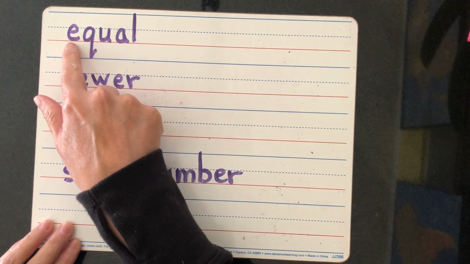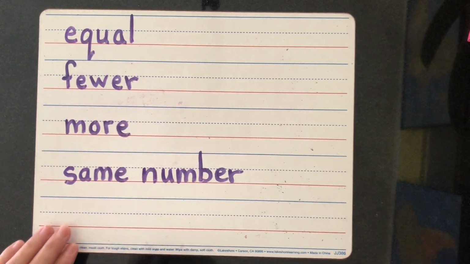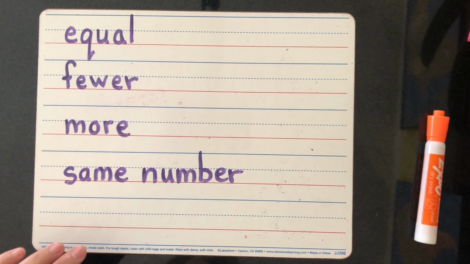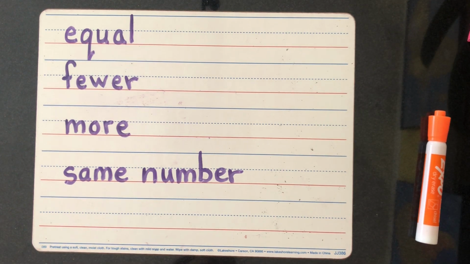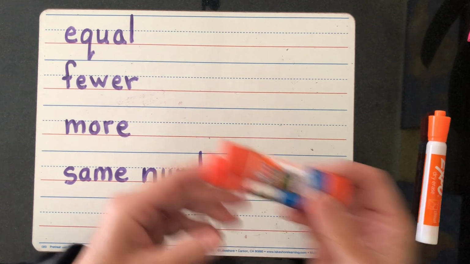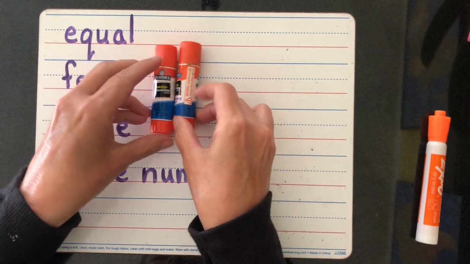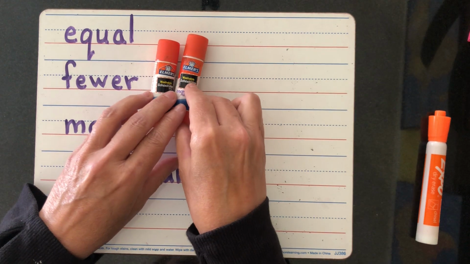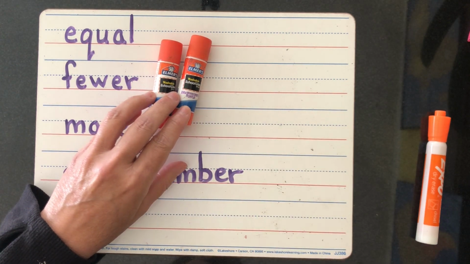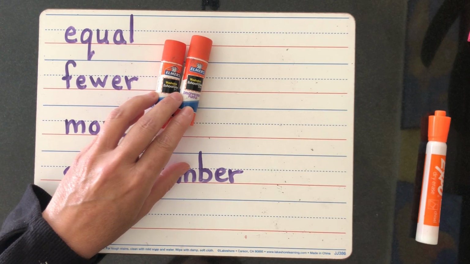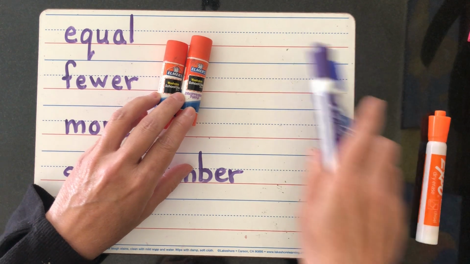One is equal. When something is equal, it is the same. So for instance, I could have 2 glue sticks and I might have 2 markers.